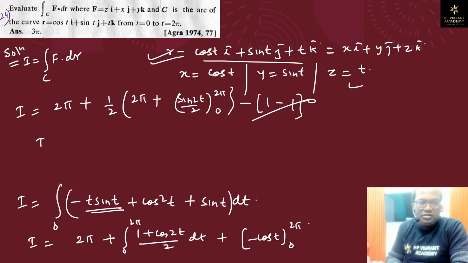So I is equal to 2 pi plus pi, which is 3 pi. 3 pi is the answer.